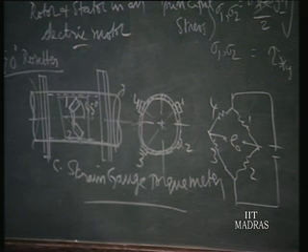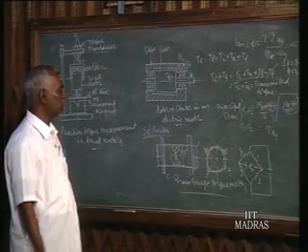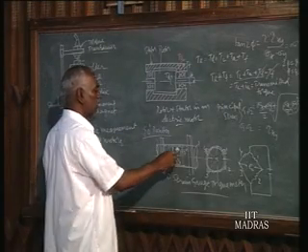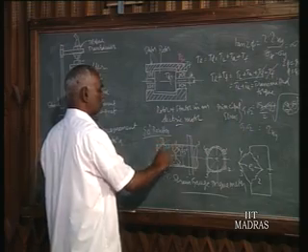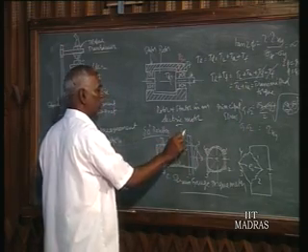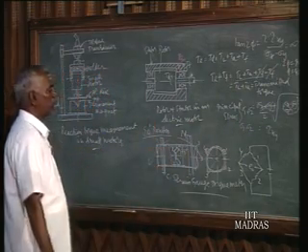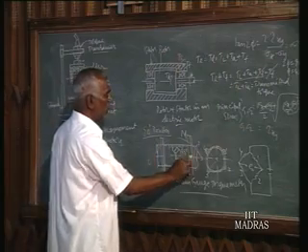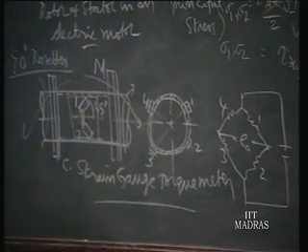Now this instrumentation is sensitive only to torque, and it is not sensitive to axial load or bending moment. That is what we claim. How do you say this? Suppose a moment is applied in this direction, so the shaft is bent. All layers above the neutral axis will be under tension.